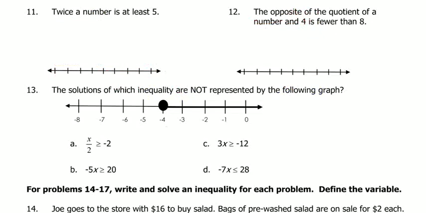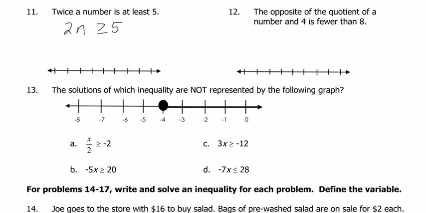Alright, back sheet. Let's go. Almost done. Twice a number is at least 5. Okay, so 2 times a number is at least 5.